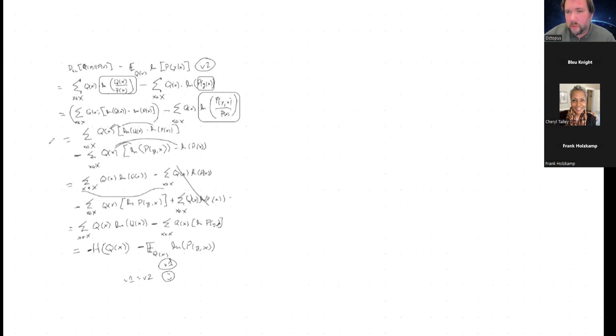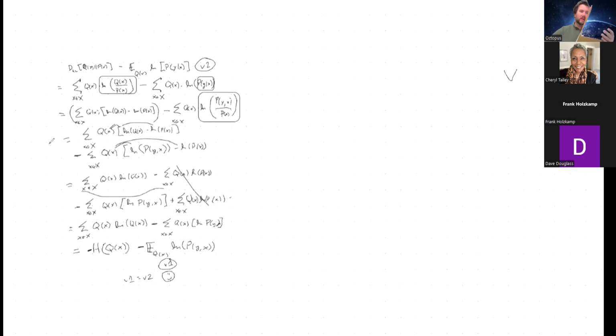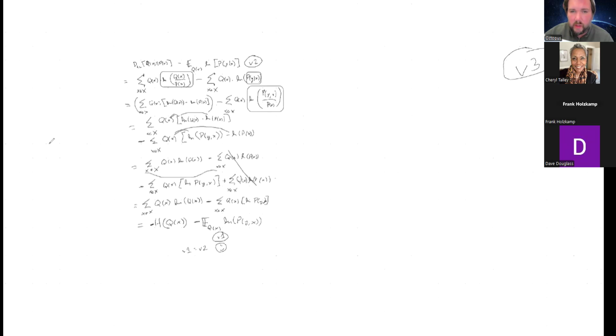So we're going to start with version 3. I'm going to write the starting point, which is my version 3 here. Again, starting with the Kullback-Leibler divergence. And here I'm minus the natural log of the probability of y.